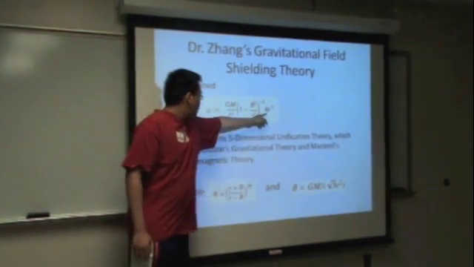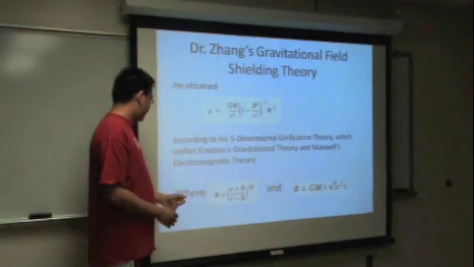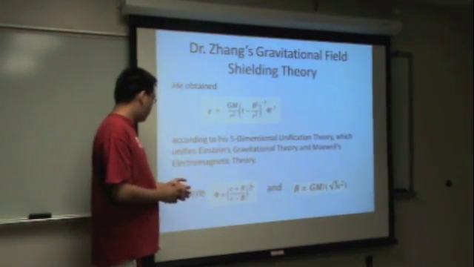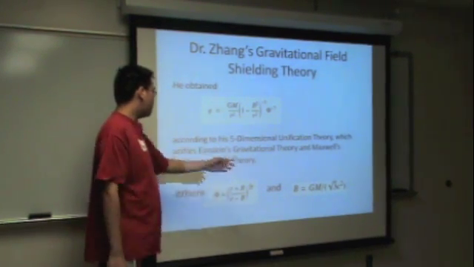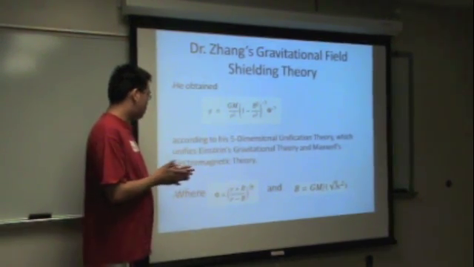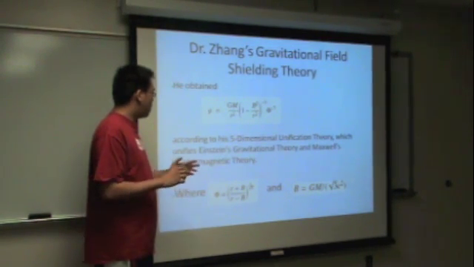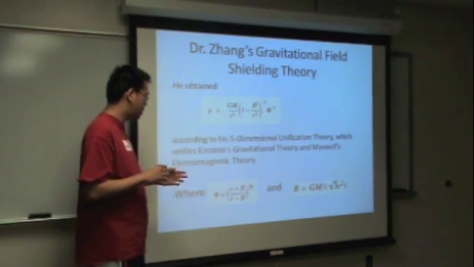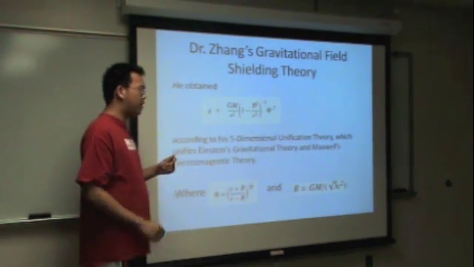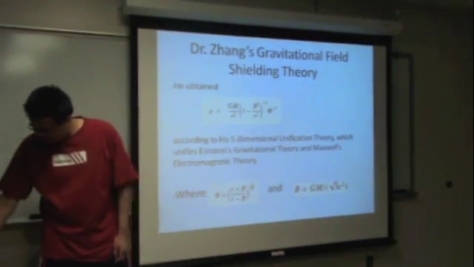This V is the scalar field, which is down here. And B is not a variable, it's just a constant. Dr. Zhang said it's supposed to be assumed as the singular radius, or the minimum radius, of the neutron star.